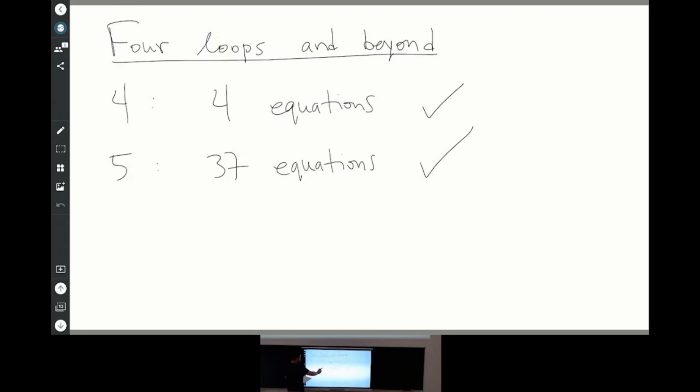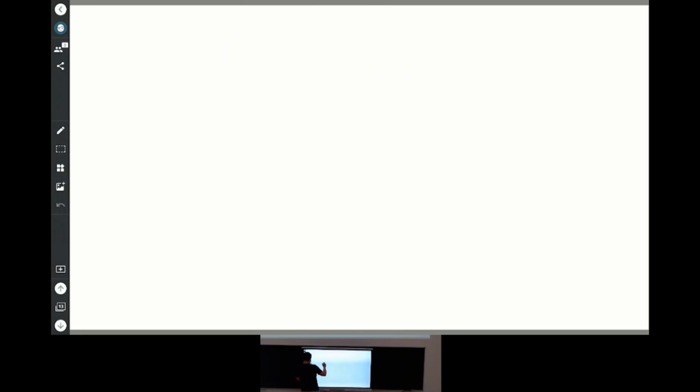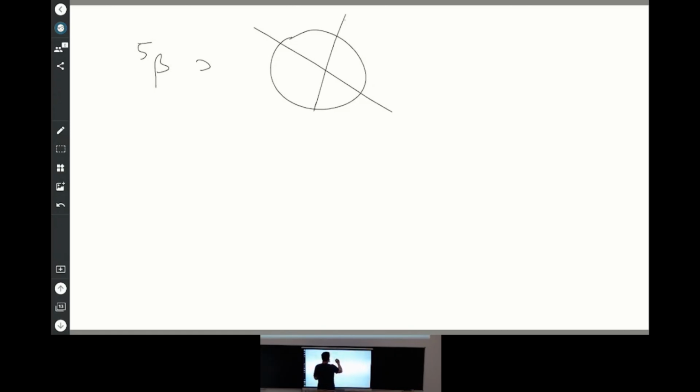Now, some of these equations are, as I said, very complicated, but some are very simple, and let me show you one. So let me go to the next one. There are these diagrams in the 6-loop beta function. There is a diagram that looks like this. So there are no vertices here in the middle.